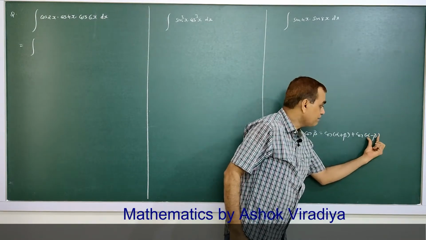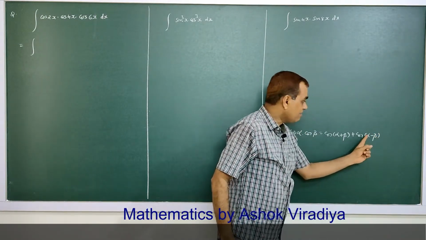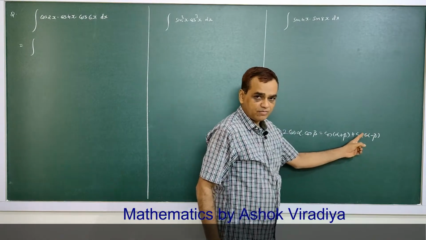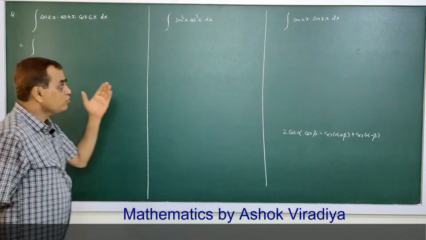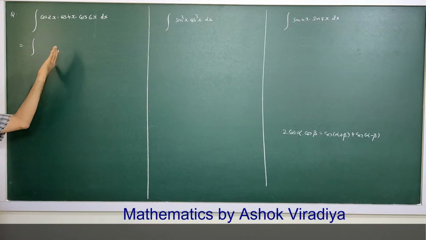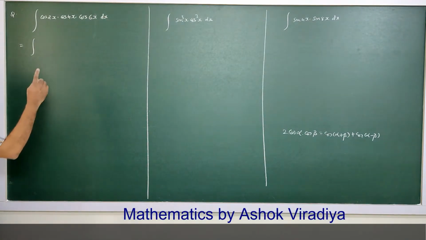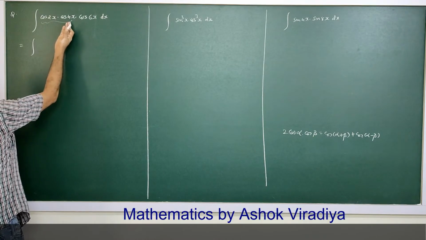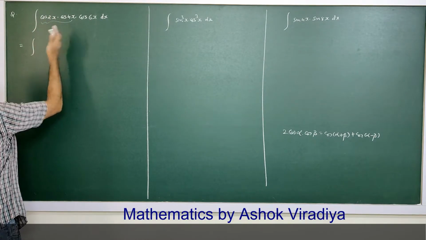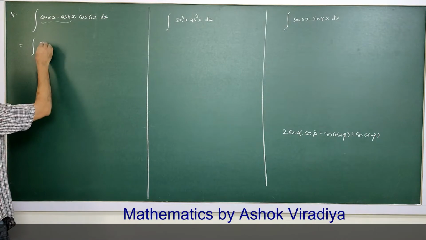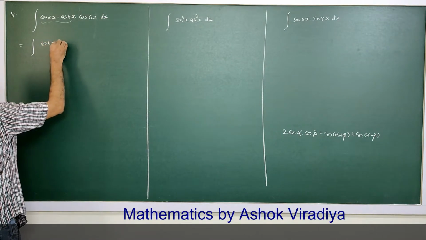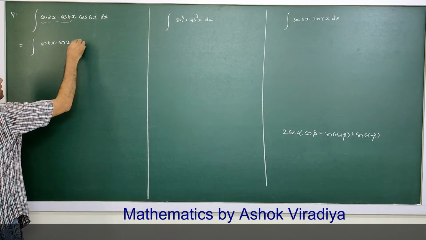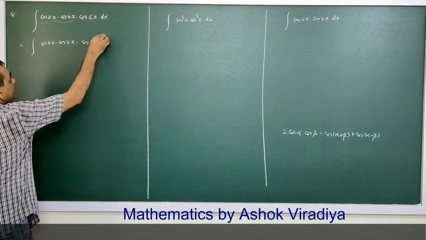So to keep this positive difference, alpha should be greater. So the greater valued number we keep on the left side. If you want to apply the formula on this product, then cos 4x keep on left, cos 2x keep on right side. So I am putting here cos 4x, cos 2x into cos 6x, keep as it is.